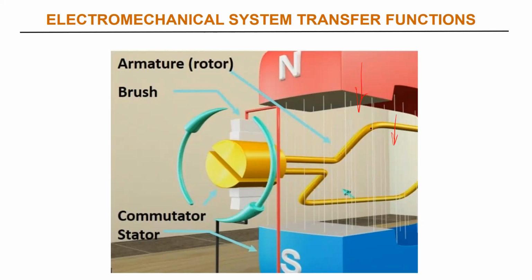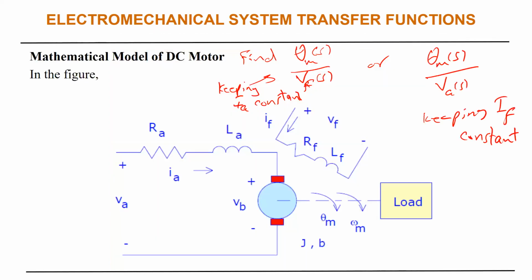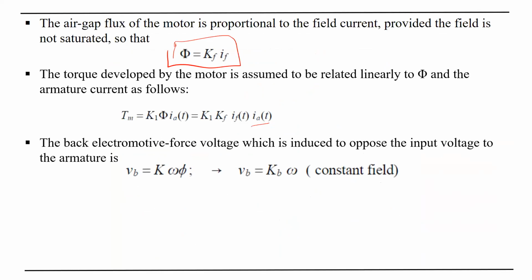Now, when this coil starts rotating in a magnetic field, what does it produce? Electrical voltage. We call it the back EMF voltage. So the back EMF voltage is proportional to the speed of rotation and the field. If I keep the field constant, then VB, the back EMF, is proportional to the speed of rotation.